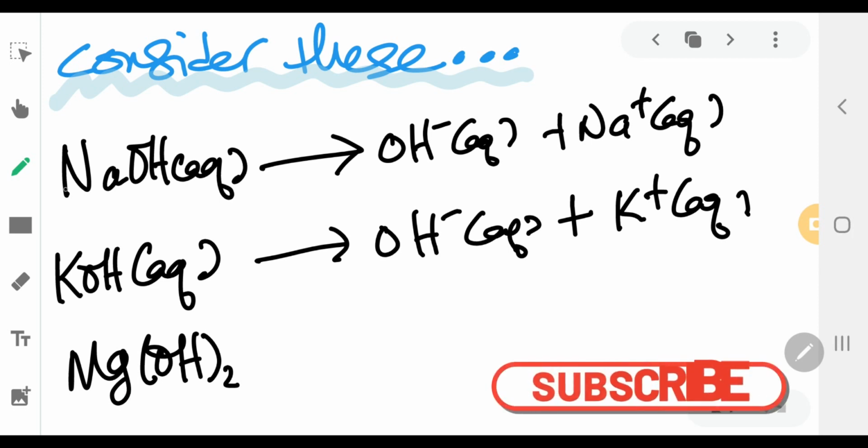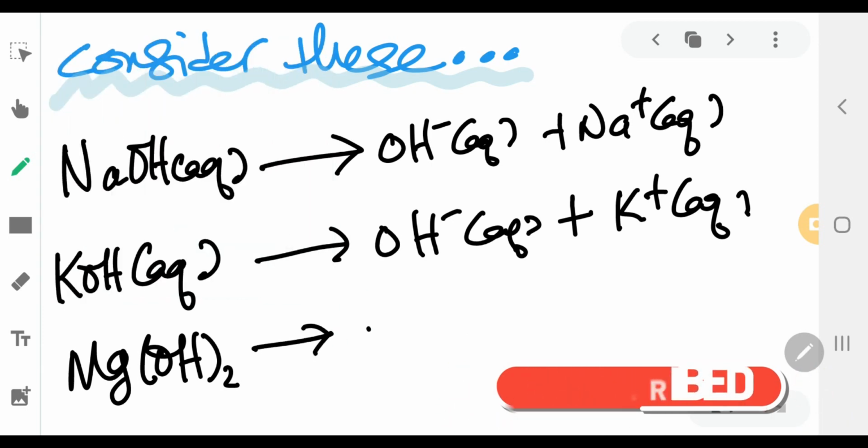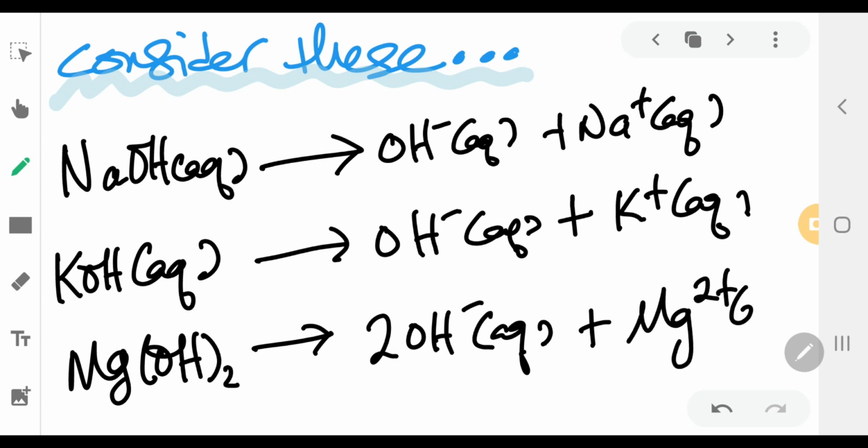What about Mg(OH)2? The difference over here is it has 2 OH. So you have 2 OH minus aqueous plus Mg2 plus aqueous. So this is how you're going to write the chemical equation for a strong base.